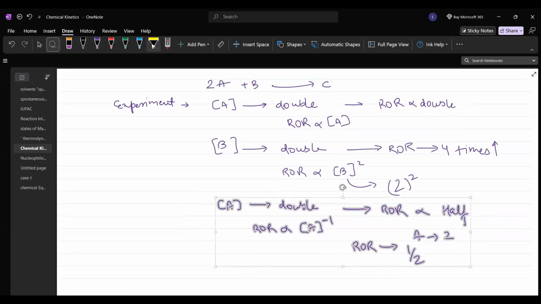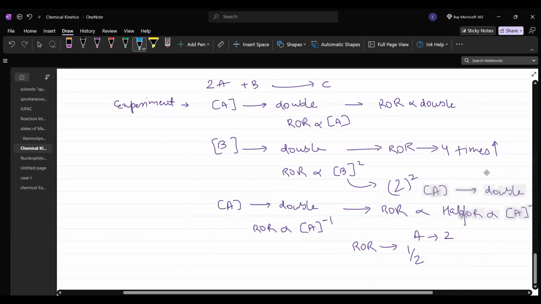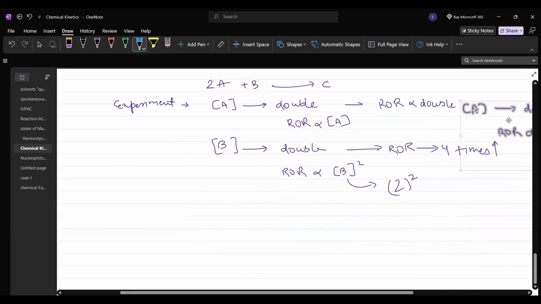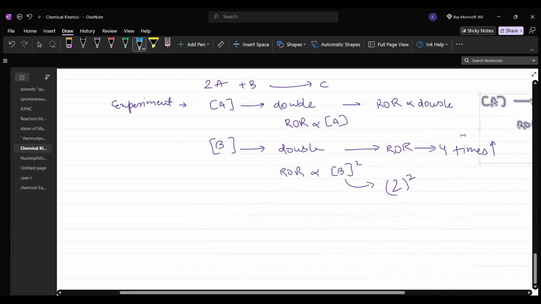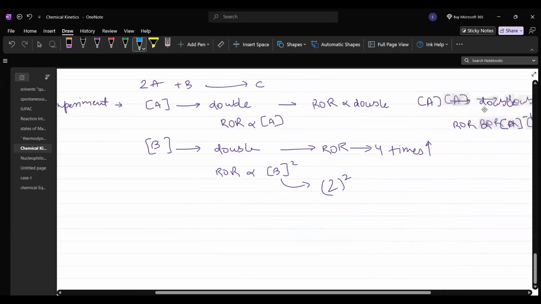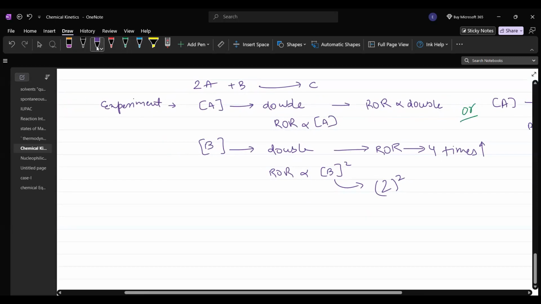This is just for information. That is why I am keeping it here. Means don't mix up things. So you can write it later.